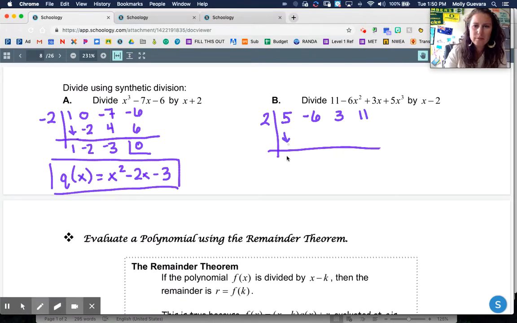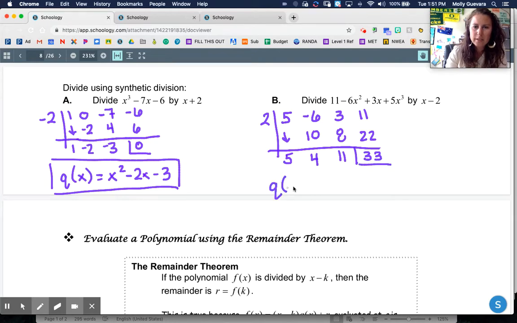5 comes down. And I multiply. And then add. And then I multiply. And then add. And then I multiply. And I add. So in this case, my remainder is 33.